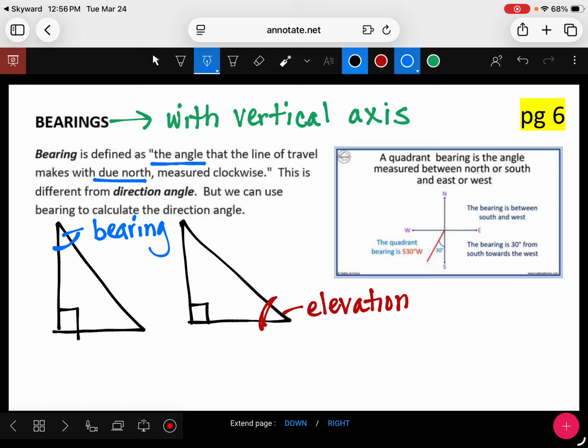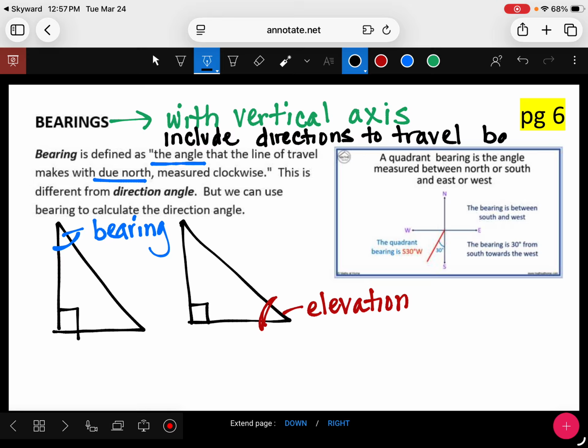When it's asking for a bearing, you also have to include the directions to travel back.